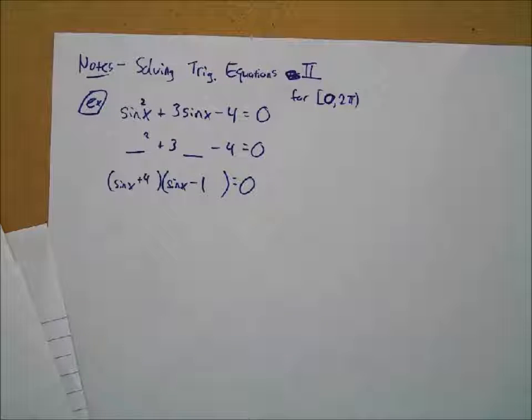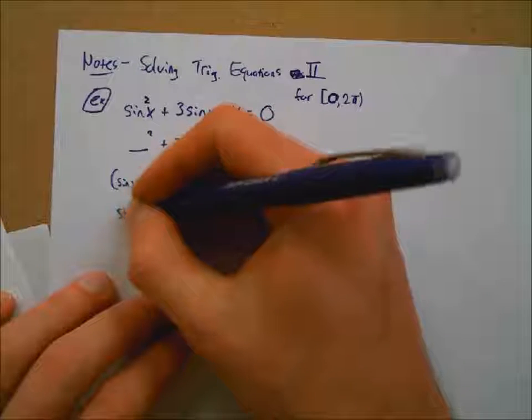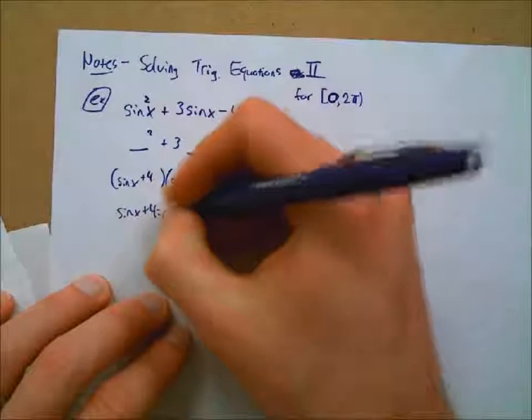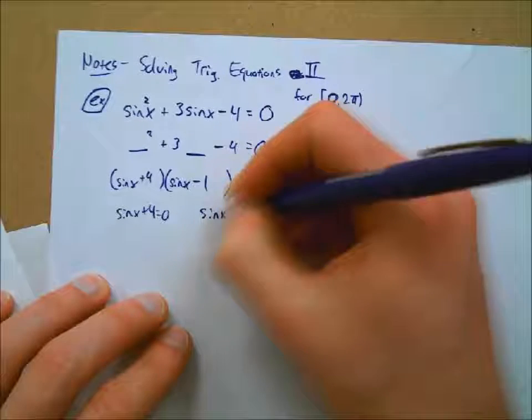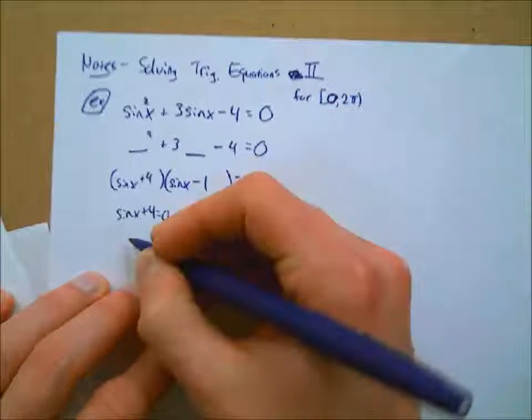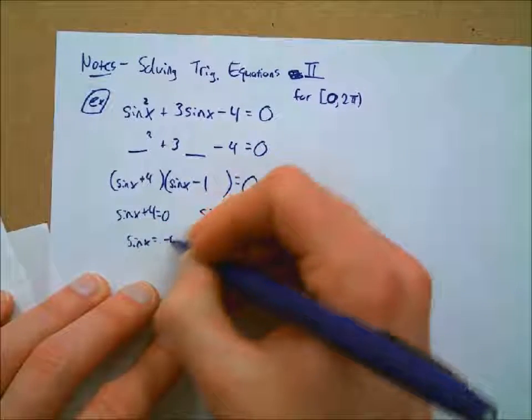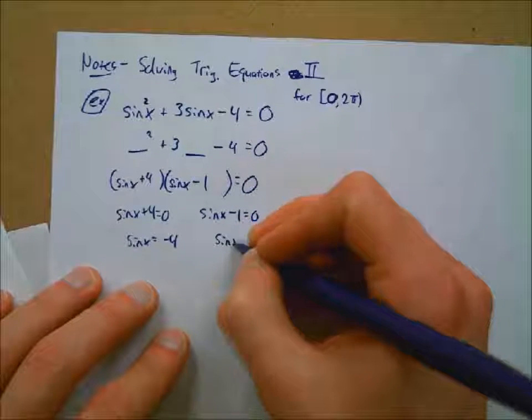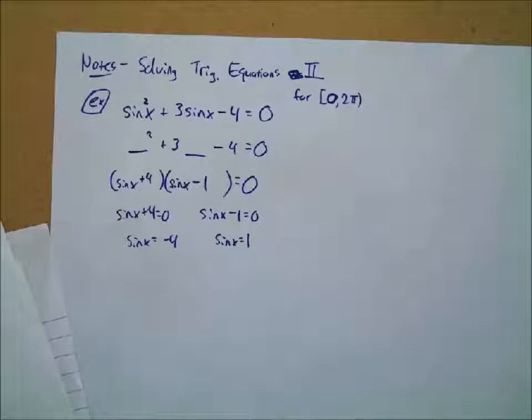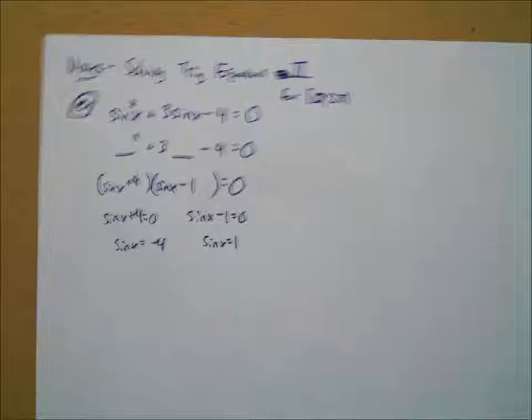Anyway, so then we set each factor equal to 0, right? We'll go from there. All right, and then we get to this. That's very easy, right?